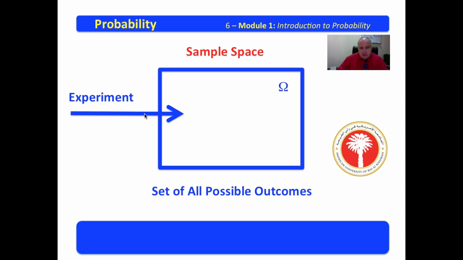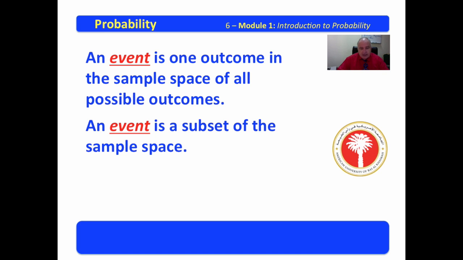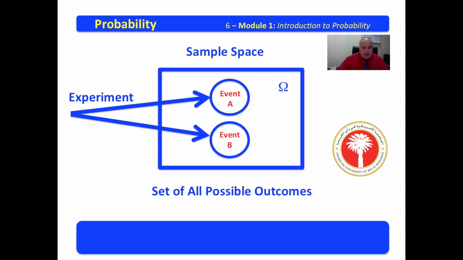We will conduct an experiment. The set of all possible outcomes will be the set of all events that take place. An event is one outcome in the sample space of all possible outcomes. So we have an experiment, we have a sample space, now we have an event. An event is a subset of the sample space.